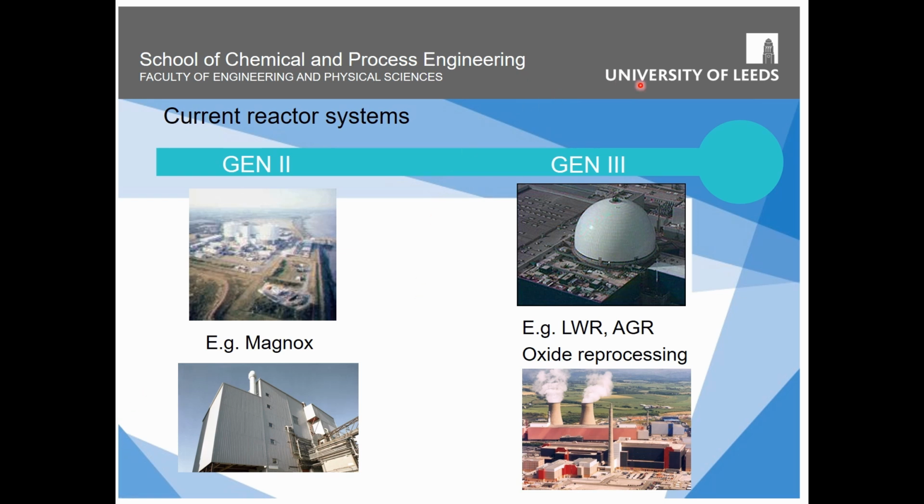And likewise with Generation 3, we built reprocessing plants that could reprocess a different type of fuel that was based on the uranium oxide, and the French did the same. There's a picture of a thermal oxide reprocessing plant at Sellafield there, and that shut down last year, and it had been operating since the early 1990s. And later on in lectures I'll take you through the processes that we use to recycle fuel.